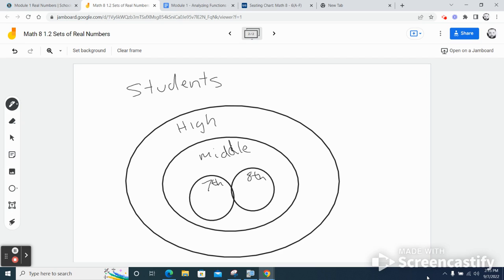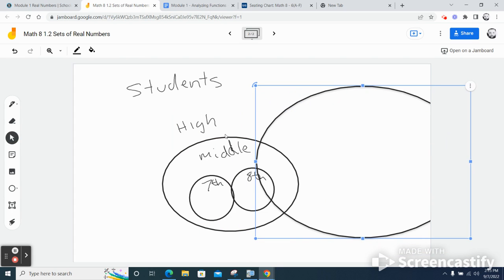Yeah. Notice that the circle right here, the eighth graders, is inside the middle school circle. Oh, wait, I did this wrong, though. We've got to separate you guys.